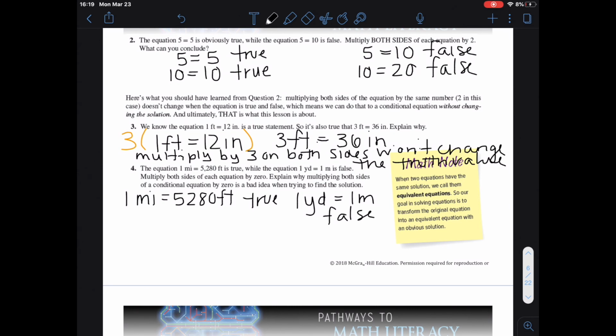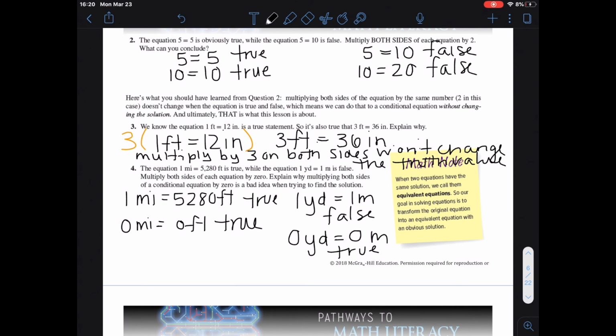We're going to take both sides and multiply by 0. So 1 times 0 is 0, and 5,280 times 0 is still 0. We still landed with a true statement. However, over here, when we started with false and multiply by 0, you get 0 yards equals 0 meters, which is now a true statement.